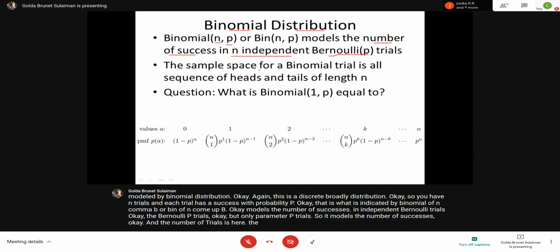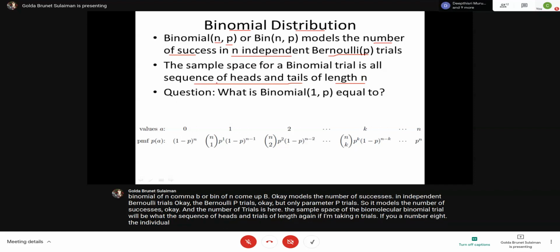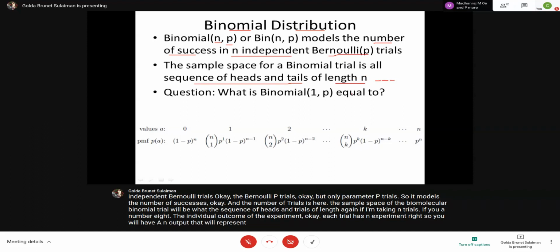The sample space of the binomial trial will be what? The sequence of heads and tails of length n. If I am taking n trials and you enumerate the individual outcome of the experiment, you will have n outputs that represent a single outcome.